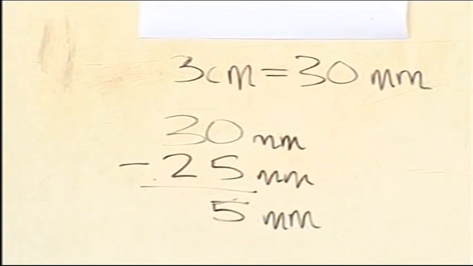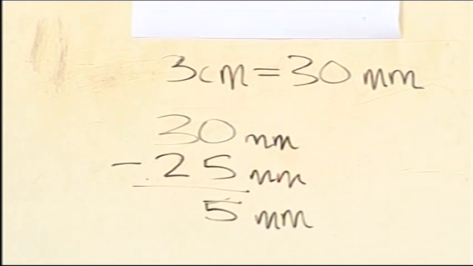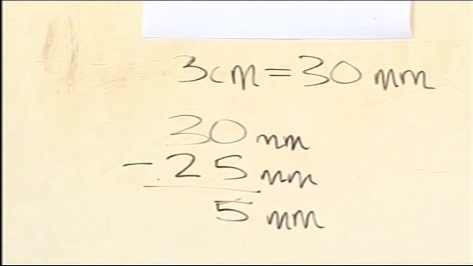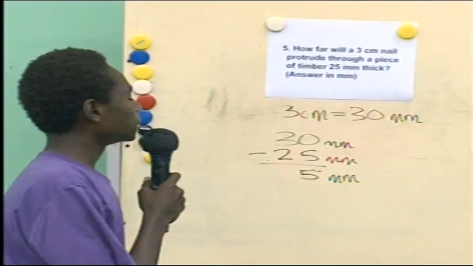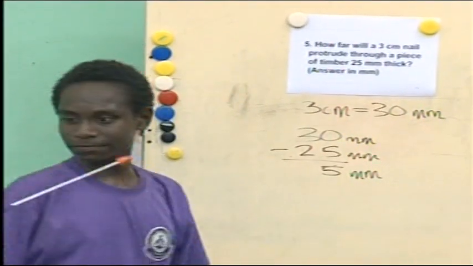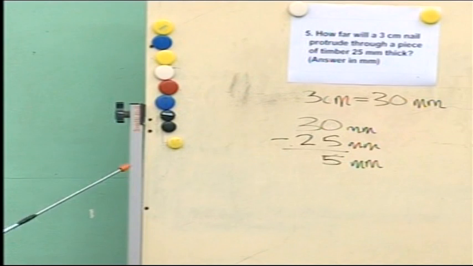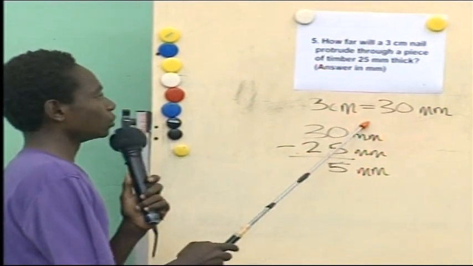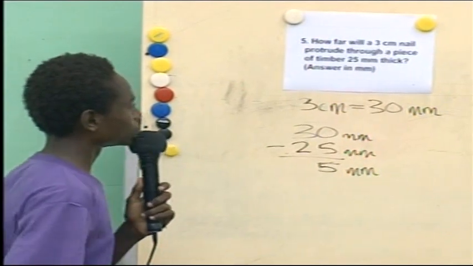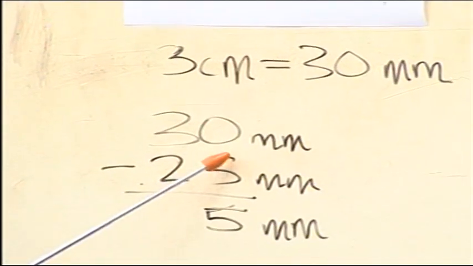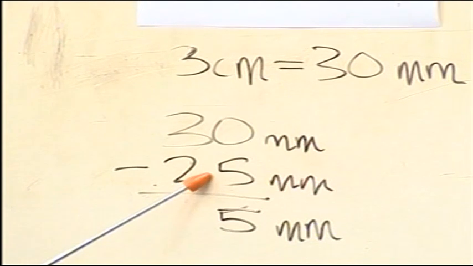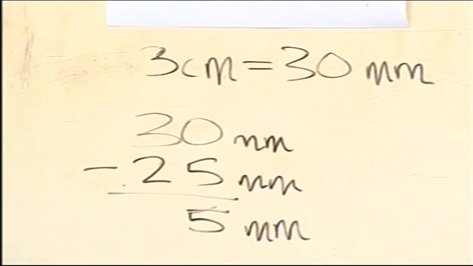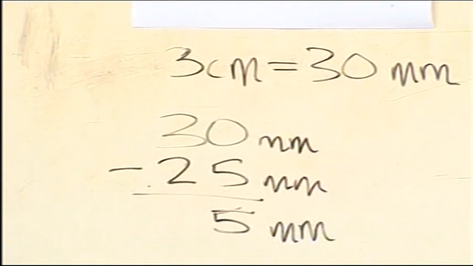Okay, Shannon, please, we need you to explain. 3 centimeters is equal to 30 millimeters. So 30 millimeters take away 25 millimeters is equal to 5 millimeters.